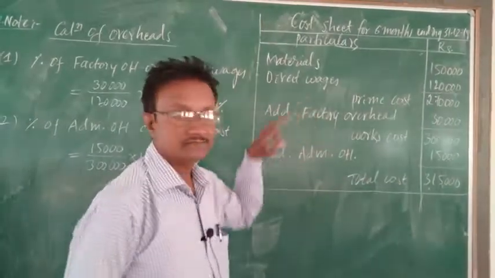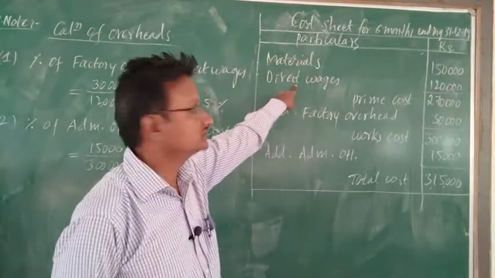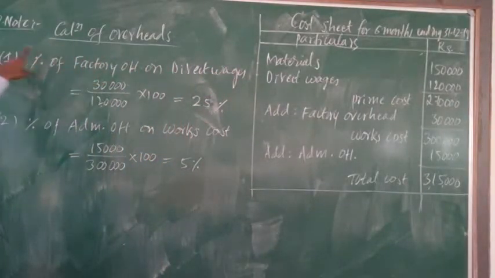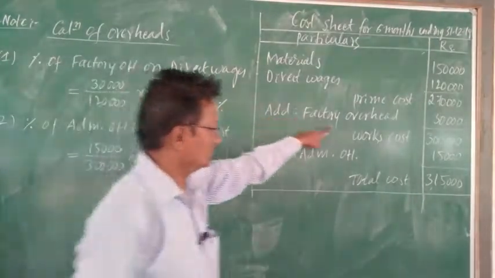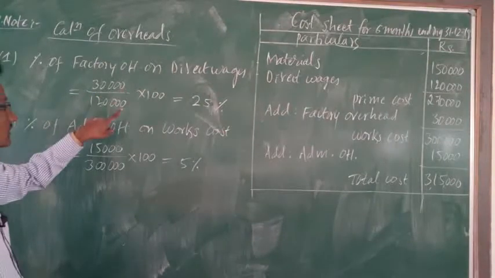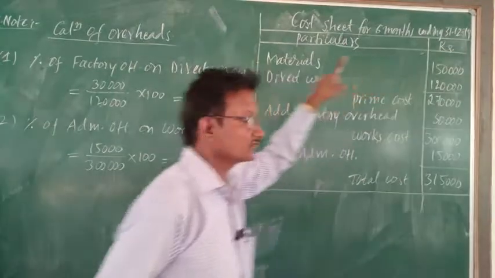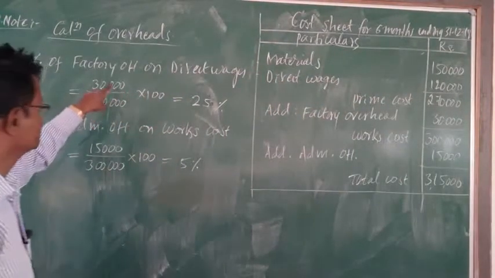Here we have to ascertain the percentage of factory overhead on direct wages. So first we have the calculation of overheads. Heading is given: working note number 1, percentage of factory overhead on direct wages. Here factory overhead is 30,000. It is taken as numerator, and denominator is direct wages, which is 1,20,000.